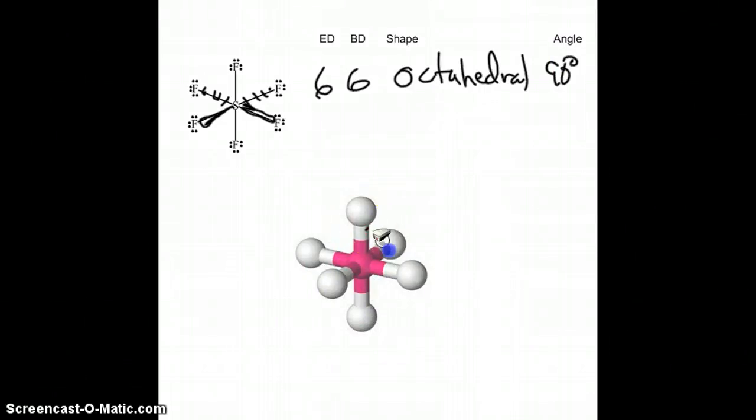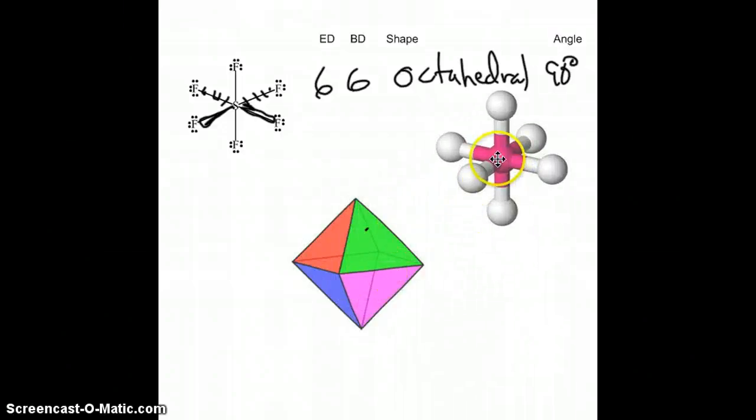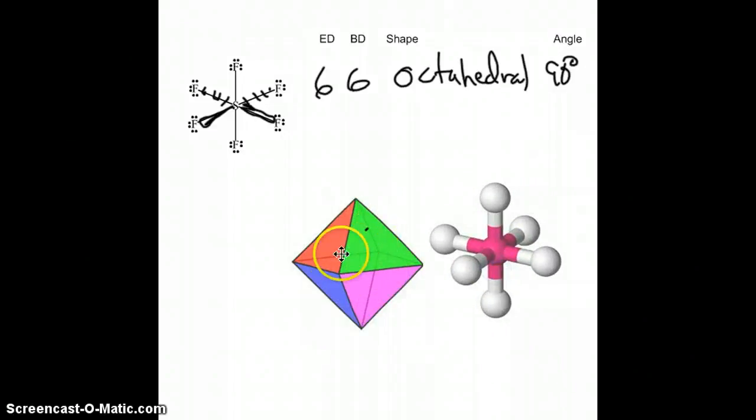Now, why is it octahedral? This is, again, another interesting thing that happens. If we look here, octahedral, we have this shape that we can overlay. This shape is an 8-sided solid figure. Hedron in geometry means solid shape or three-dimensional shape, and octa tells you how many faces there are.